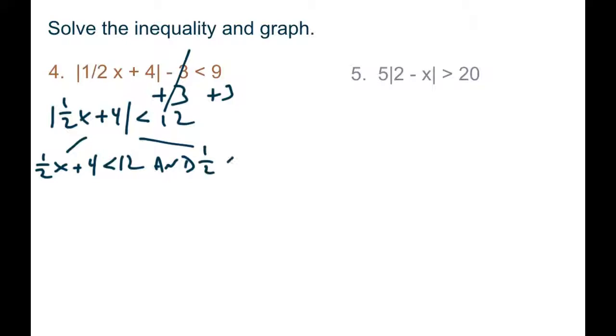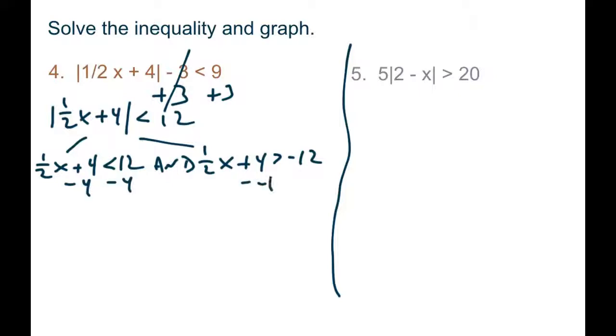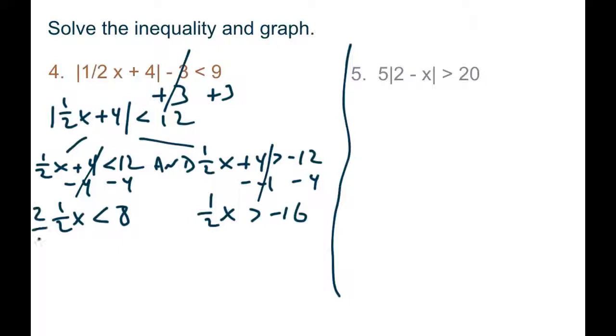I'm going to start off the same, 1/2 x plus 4. I'm going to change it to a greater than and make it a negative 12 now. Let's subtract 4 on both sides. Do that for each inequality. We get 1/2 x is less than 8. Over here, 1/2 x is greater than negative 16. We're going to multiply by the reciprocal of 1/2, 2 over 1, on both sides.